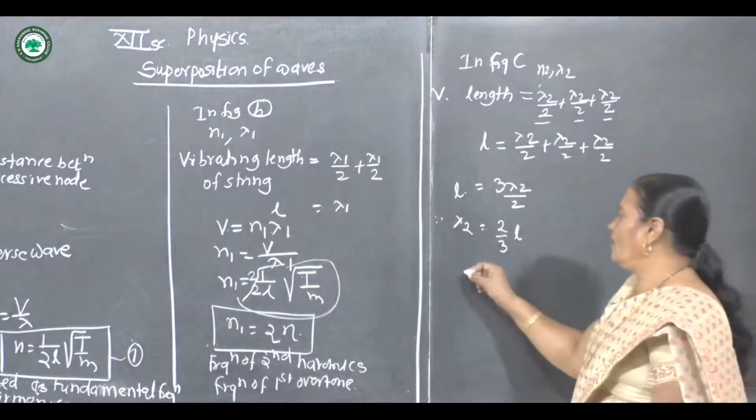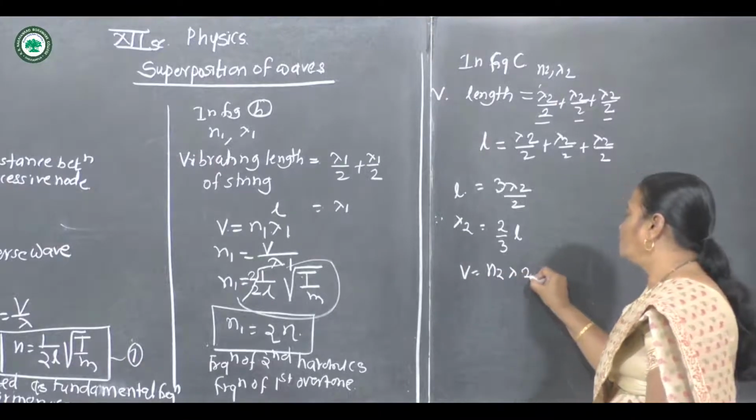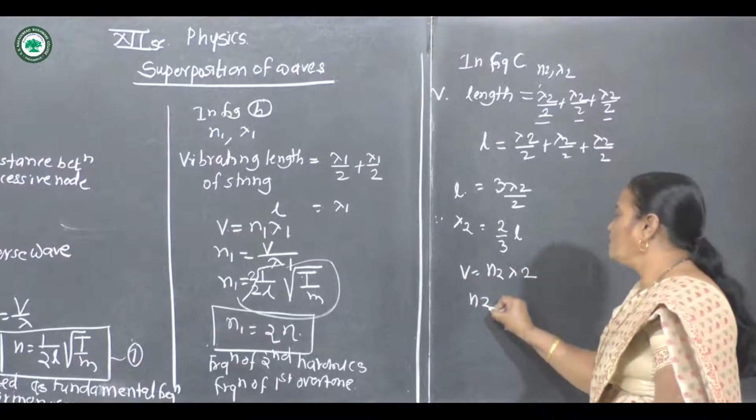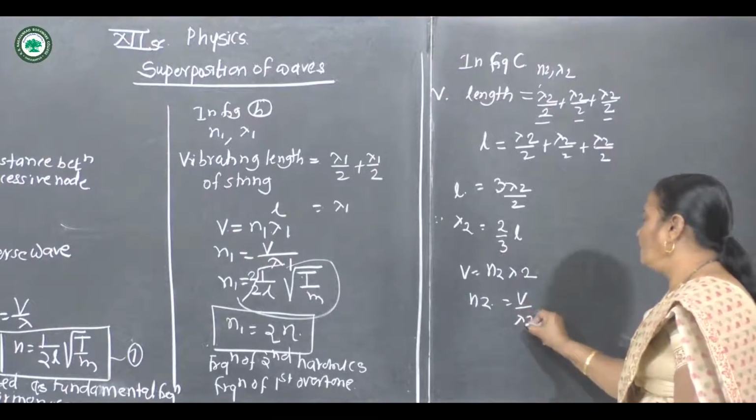Now we know the relation V is equal to N2 lambda 2. Then N2 is equal to V upon lambda 2.